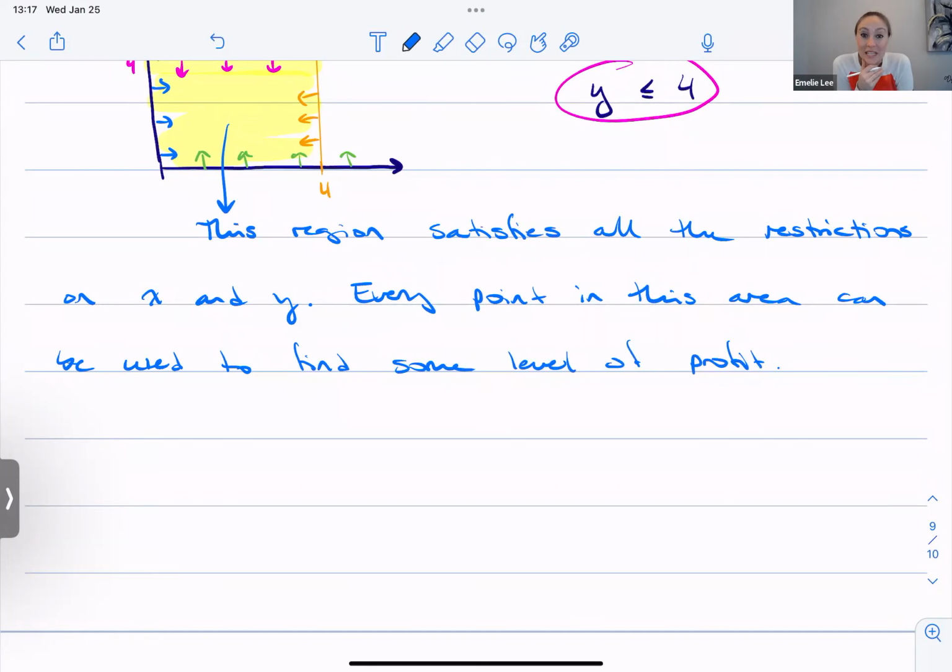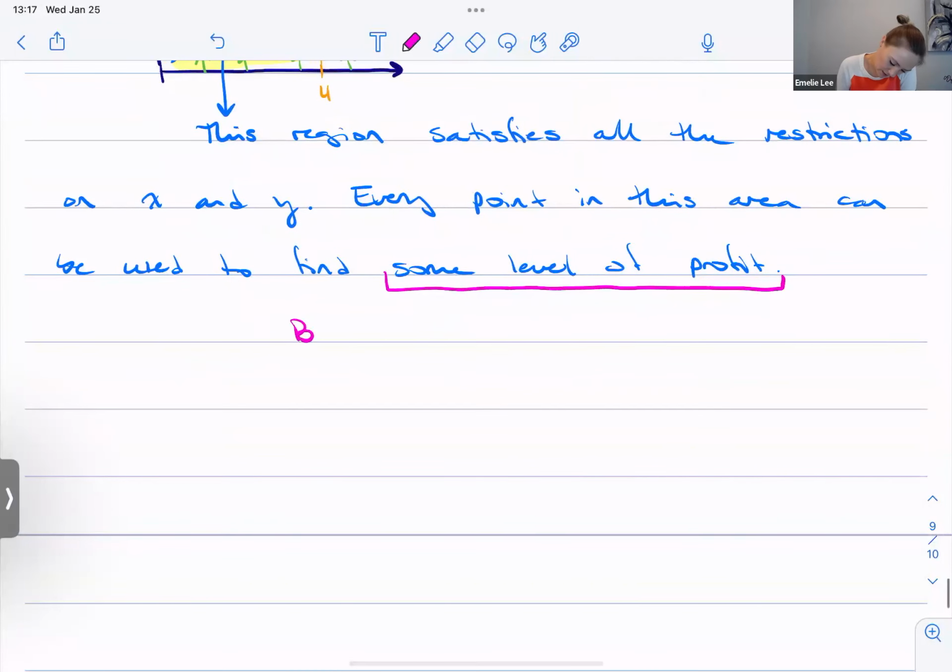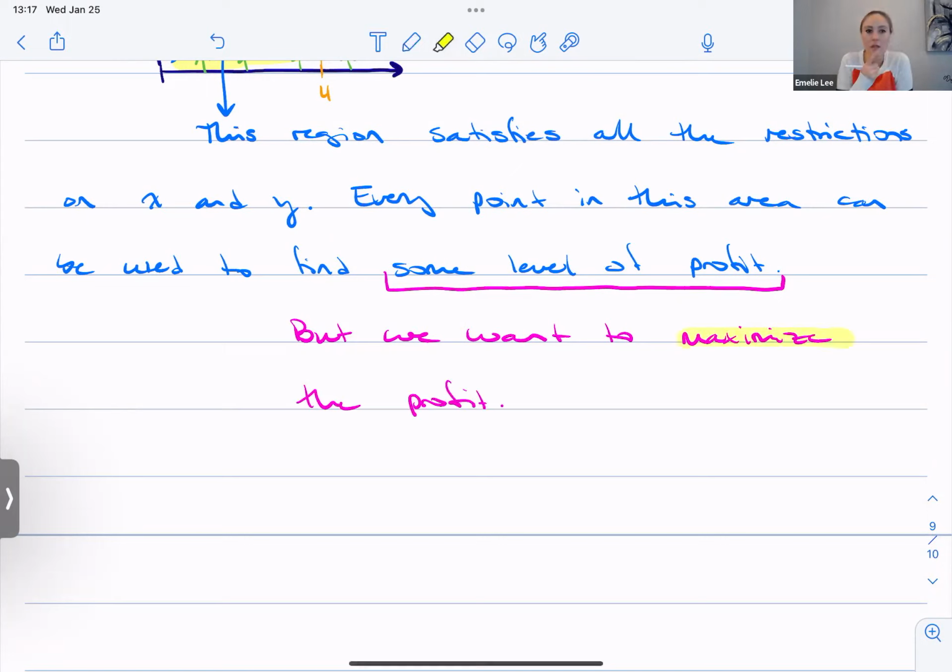But our goal is to maximize the profit, that we understand, right? So that's where linear programming comes in. Okay. And so we're going to do a baby version, of course, of linear programming. But how do we maximize this profit?